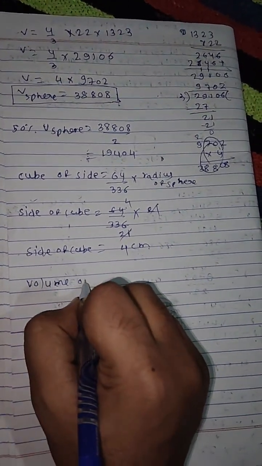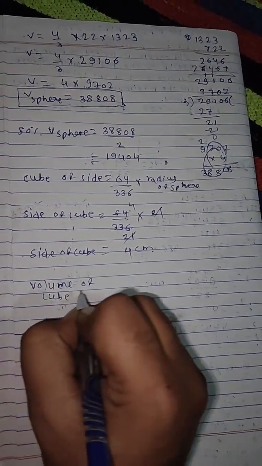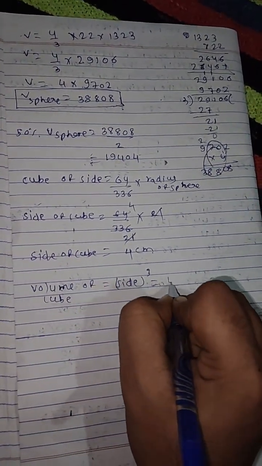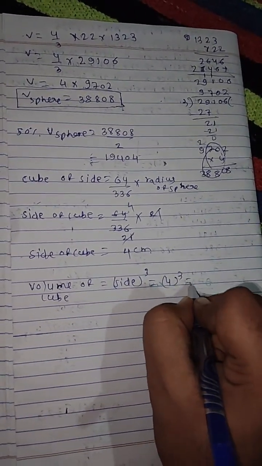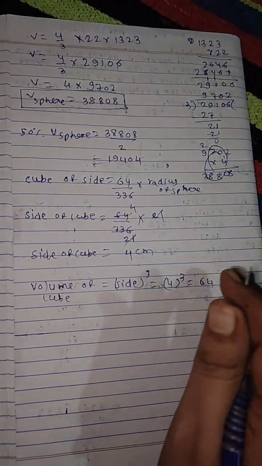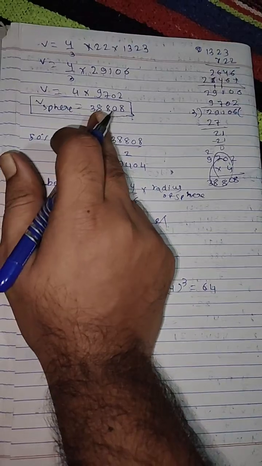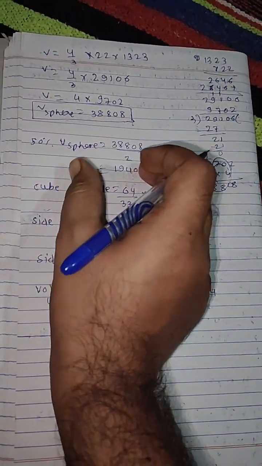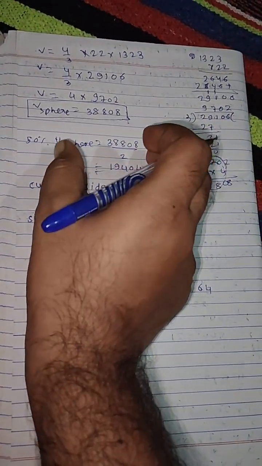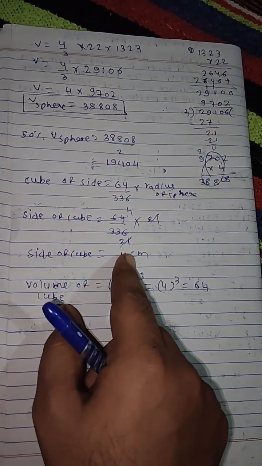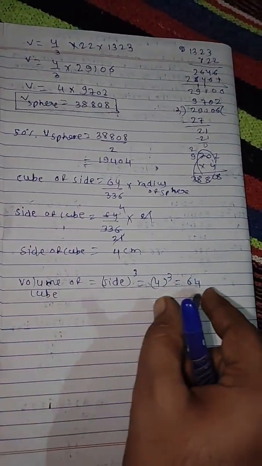So volume of cube is side cubed. So 4 cubed is 64. So we have converted the 50% of sphere into cubes of side 4 centimeter. So total volume of cube is 64.